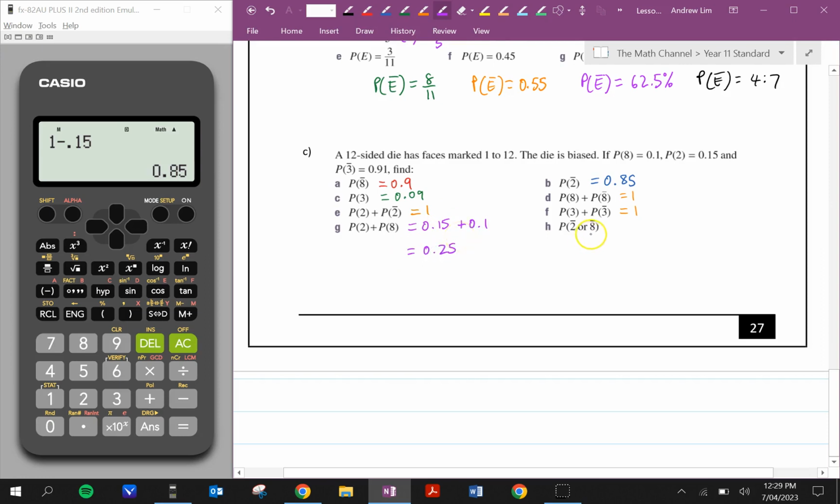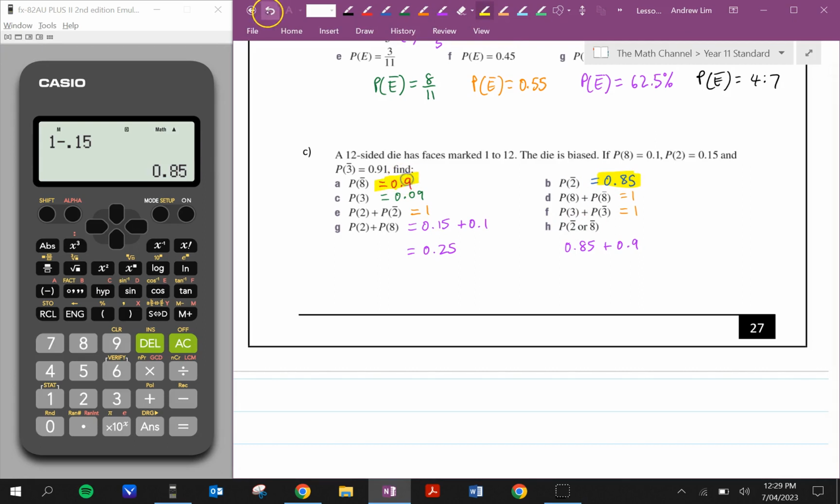And here we've got the probability of not 2 or 8. Now you might be tempted to say it's 0.85 plus 0.9. Let's just say you did that, because not 2 is 0.85 and not 8 is 0.9.